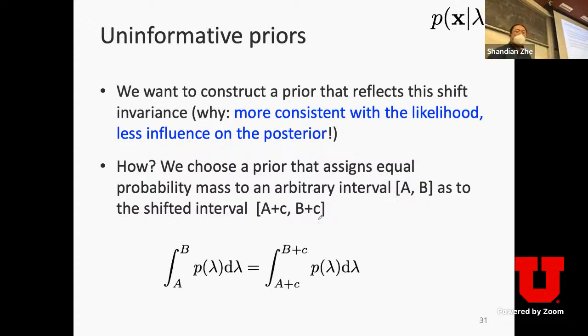In the mathematical formulation, for any interval A and B, the probability under your prior in A to B should be the same as when you shift this interval by C. Let's see what kind of prior P of lambda could satisfy this.